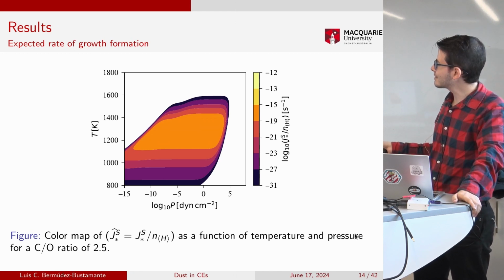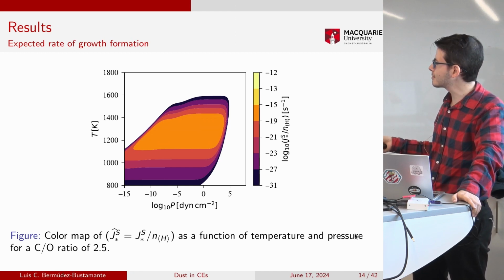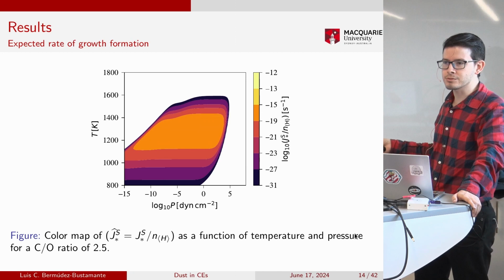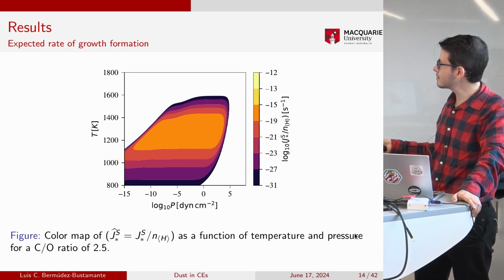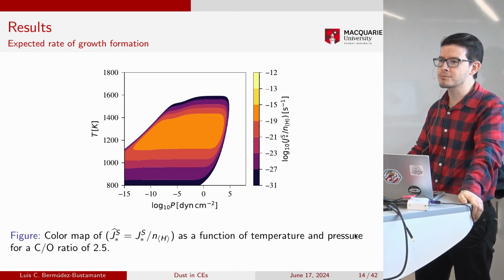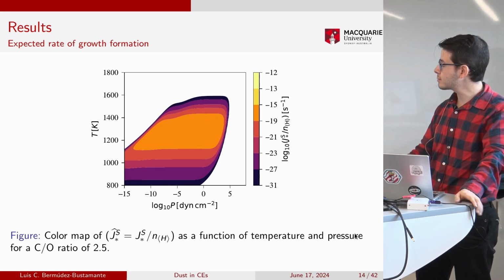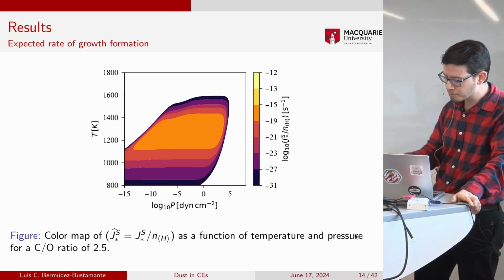You can see here that the formation of dust is larger for a particular range in temperature between 1400 kelvins and 1100 kelvins. So it's a really narrow region of temperature. That is the sweet spot where the majority of new dust is formed.